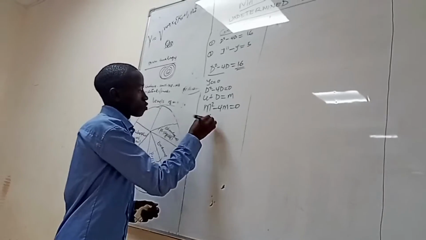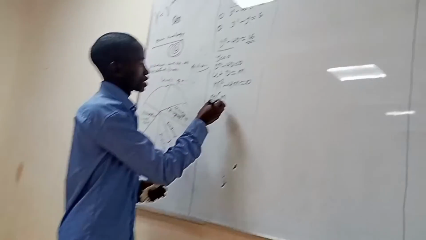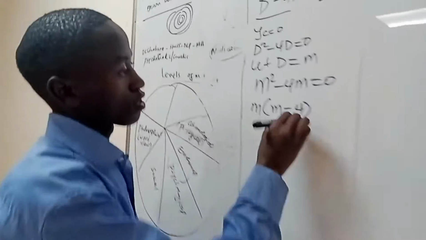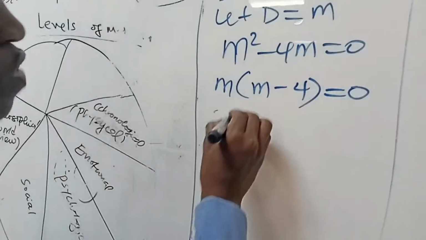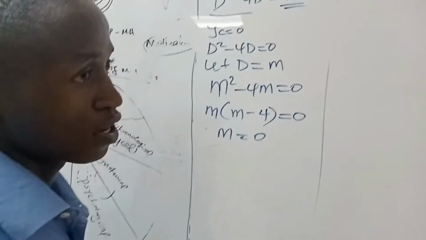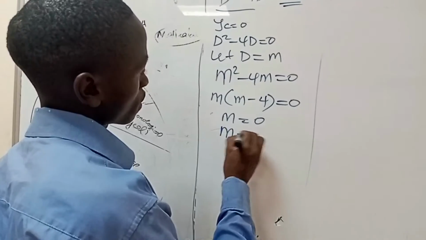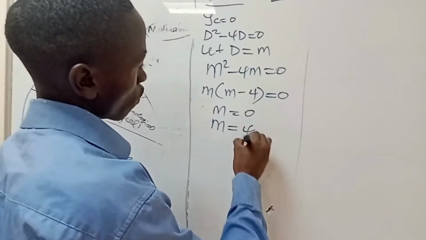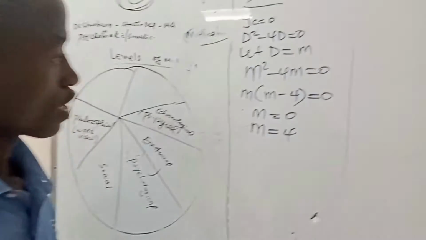So what is common here is m. So m times (m minus 4) is equal to 0. So your first m is equal to 0, and the other m is equal to 4, since now you are taking it to the other side.